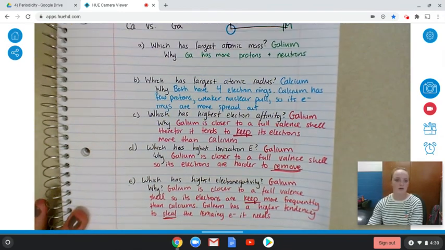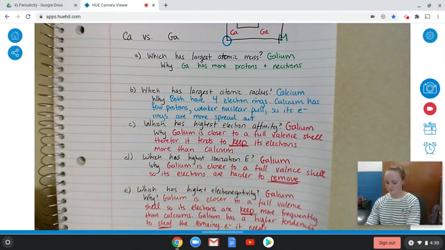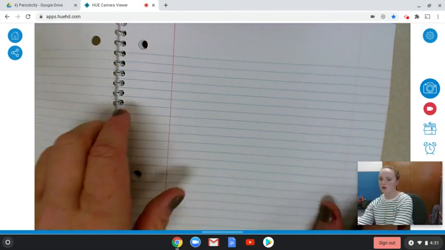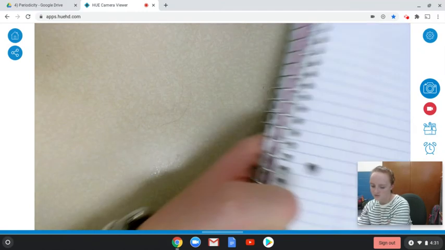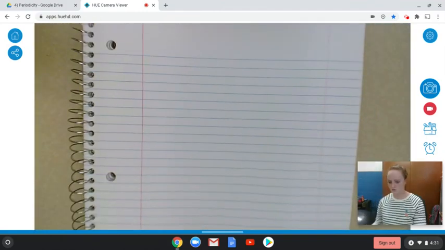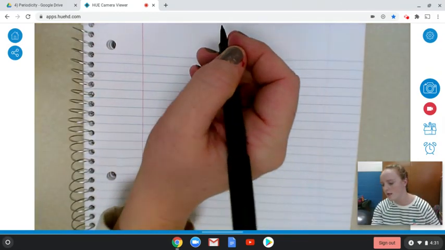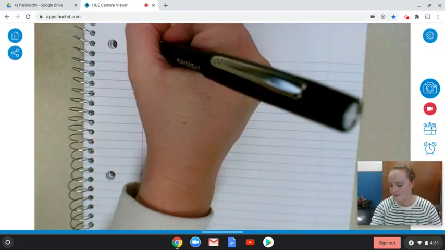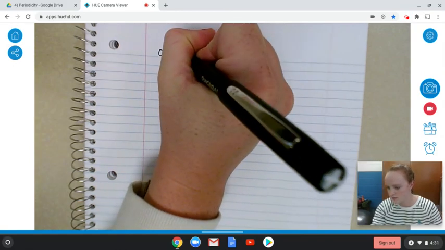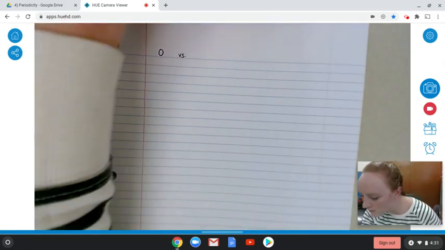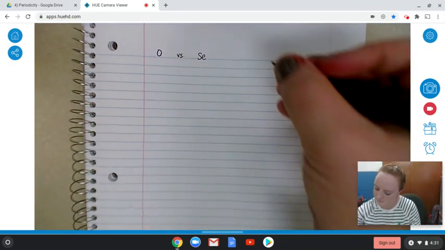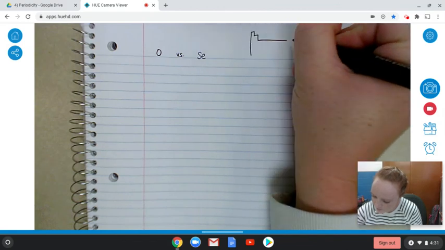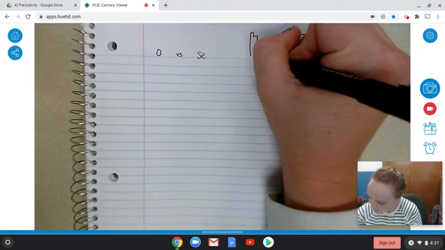I'm going to give you one more example to do on your own. Same questions, I am just going to have you compare. So we did same row, different column. Let's do same column, different row. Let's compare oxygen and selenium on my little mock periodic table.